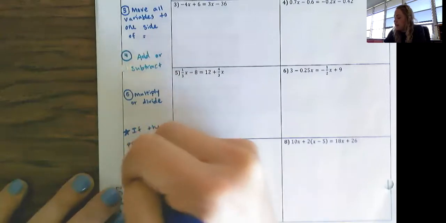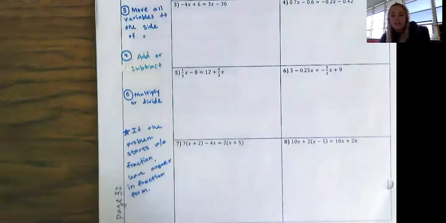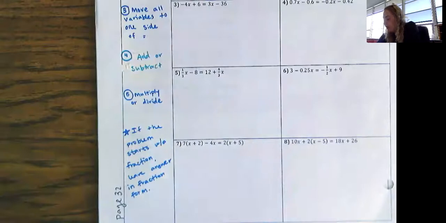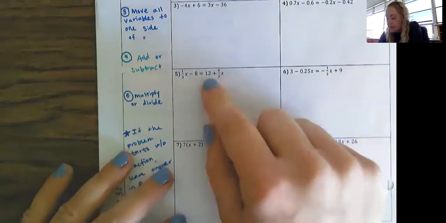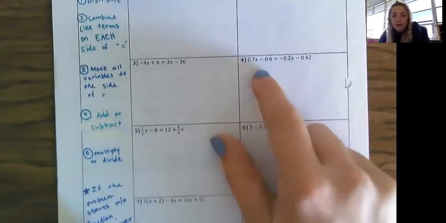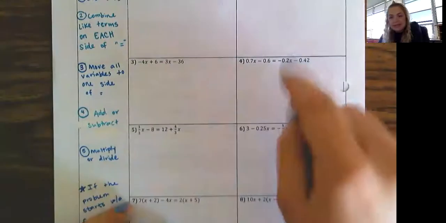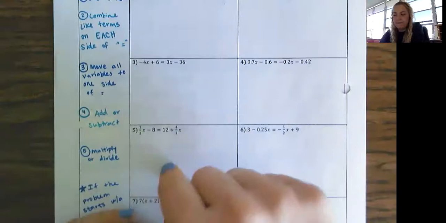A lot of times people ask, should I make it a decimal or should I leave it a fraction? If there's a fraction in the question, your answer should also have a fraction. If there's a fraction and a decimal in the question, then sometimes it's either one. But looking at problem number 5, for example, there are just fractions and whole numbers. And compared to number 4, there are decimals all throughout. I would expect a decimal answer there, but a fraction answer here.